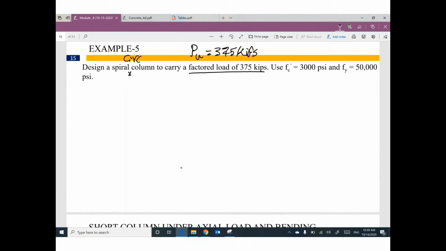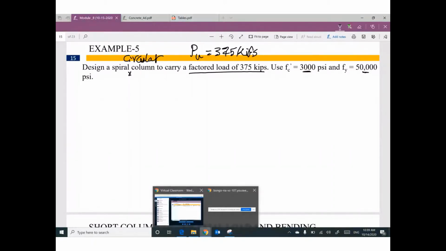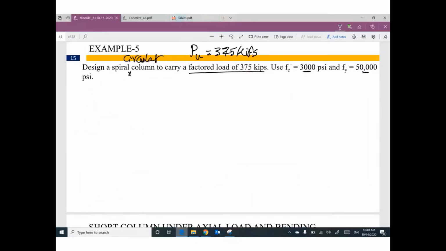I have to tell you this. F prime c is 3000, F yield is 50,000 psi. Okay, spiral column.